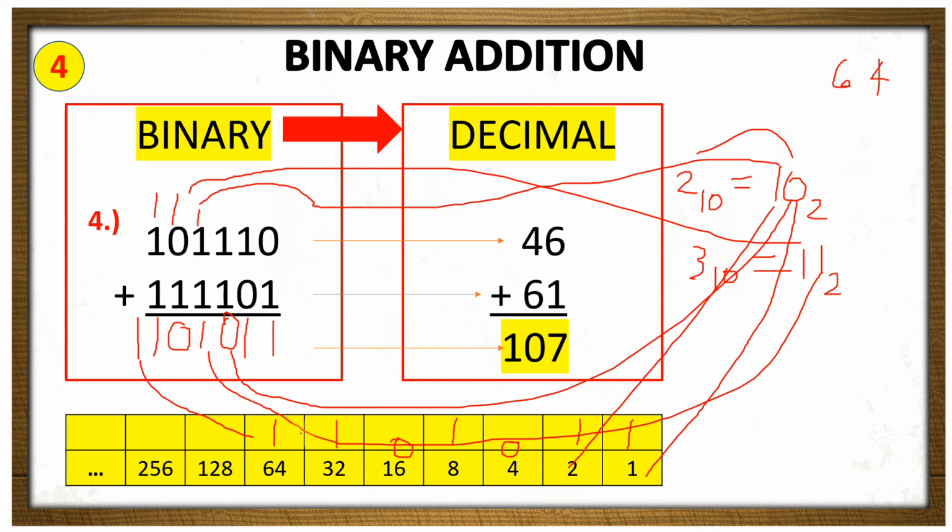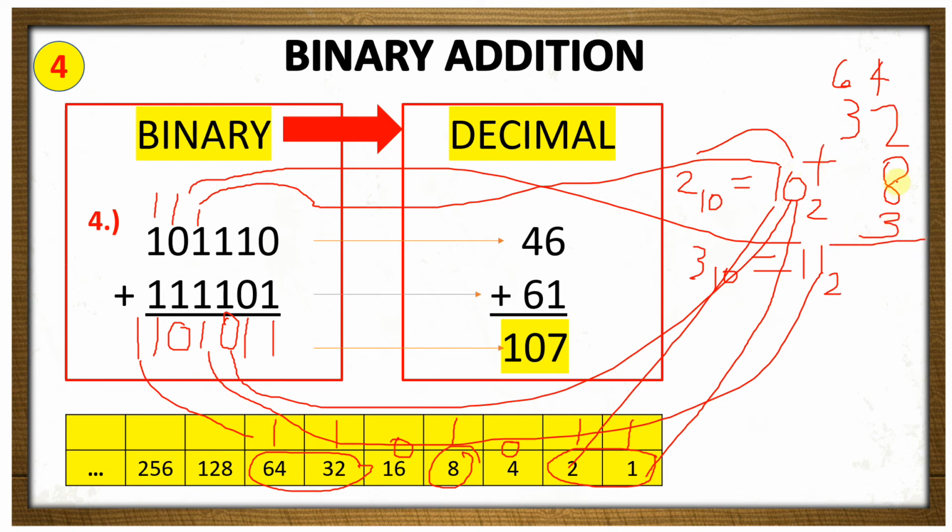Count all the on digits: 64 plus 32 plus 8 plus 2 and 1, 3. So 64 plus 32 plus 8 plus 3. Okay, so you add, get the sum.